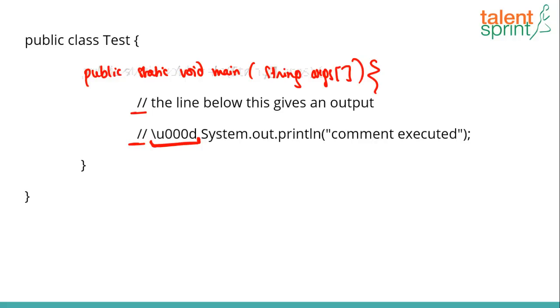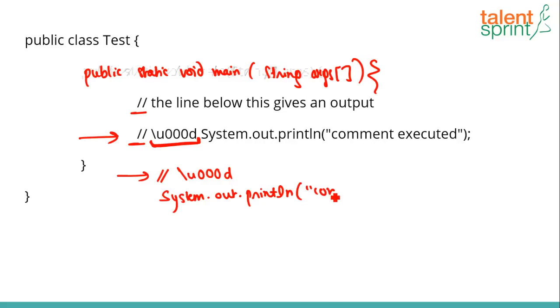What your actual program will look like is this line will turn into this. This Unicode character will give a new line, and the rest of the code will come after the new line. That is system.out.println comment executed.